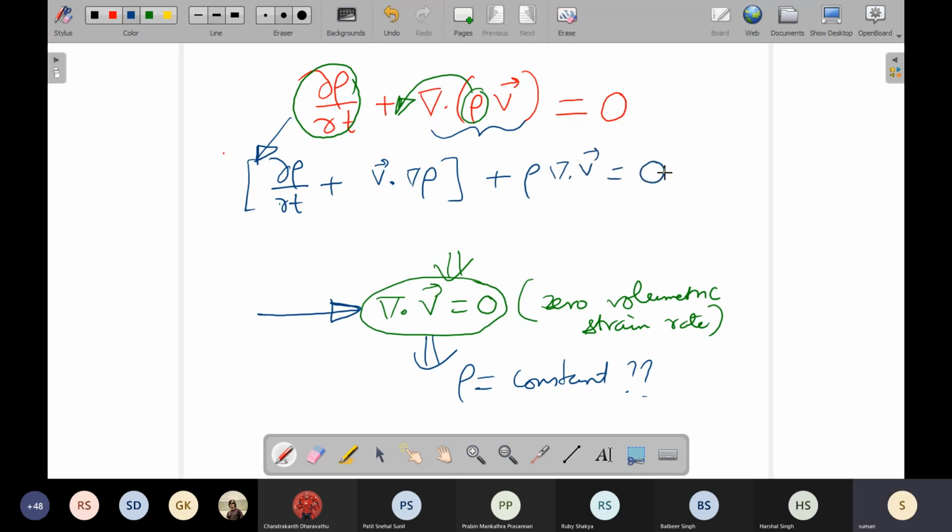So this was one step backward to the so-called final form of the continuity equation.